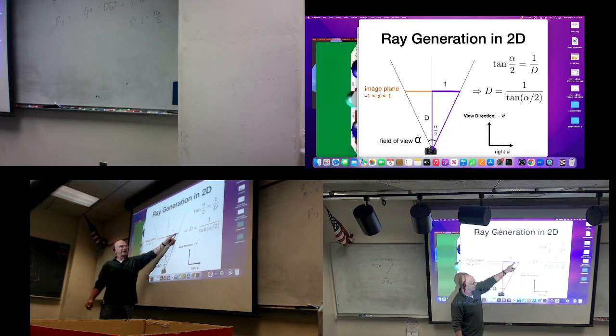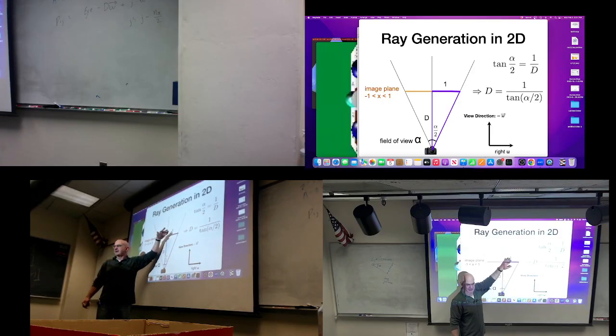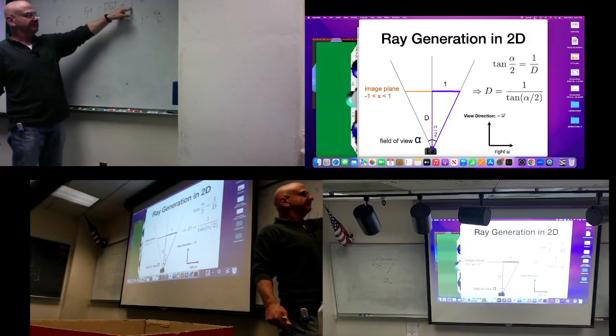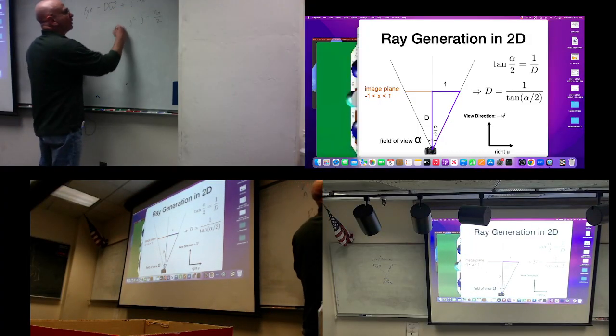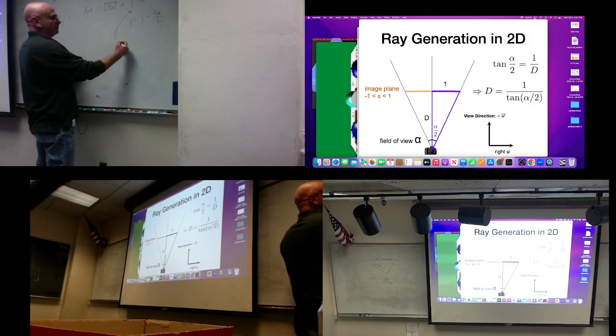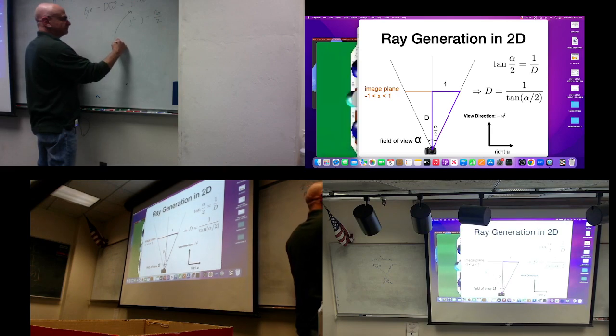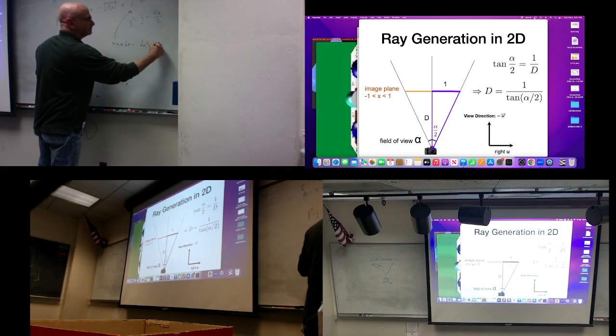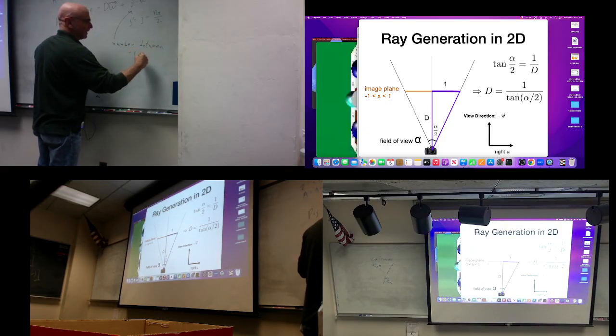The textbook will tell you make it -1 to 1, as usual. And that's a canonical volume. And then this J prime will be a number between -1 to +1.